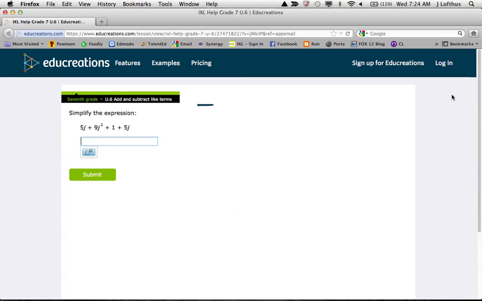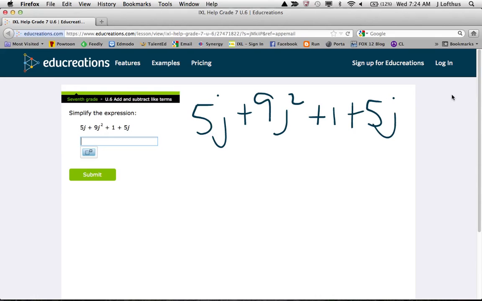Okay. This is like the n example, but using j, I can combine 5j with 5j, but I can't combine it with the 9j squared. Those are not like terms. So I'll use different colors. I'm going to have to use 3 different colors here.